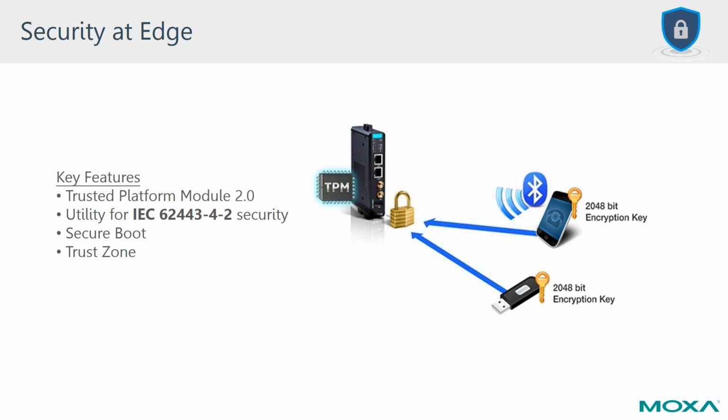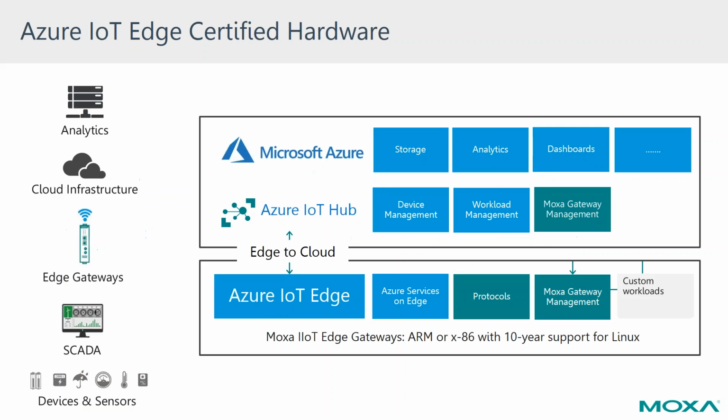We also build things like a secure boot environment in that Moxa Industrial Linux operating system. And then finally, some of the newer technology coming out, things like Trust Zone or Root of Trust. This is actually taking the encryption and security not just to a dedicated chip like TPM, but actually to the core ARM processor. And so some of the new products that are being released, we have newer NXP dual core ARM processors that allow us to start implementing Trust Zone and Root of Trust into the hardware itself.